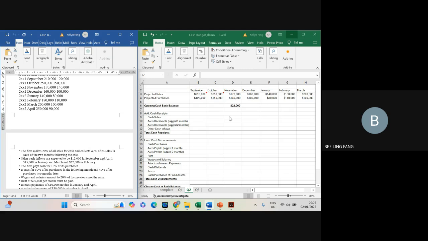So first the cash sale is 20% of its sales, and then 40% in each of the 2 months.